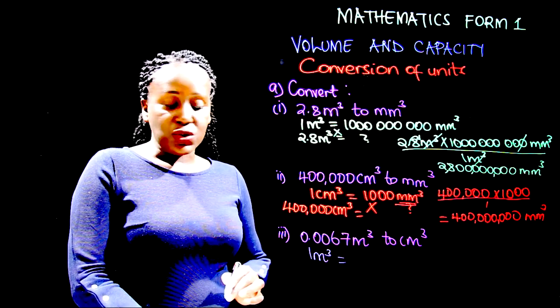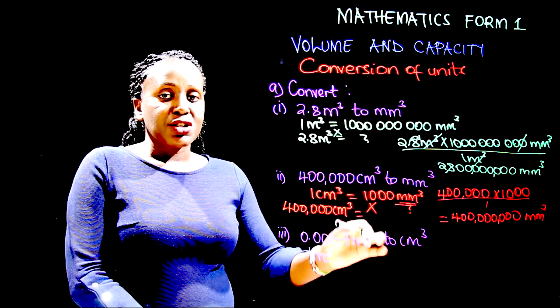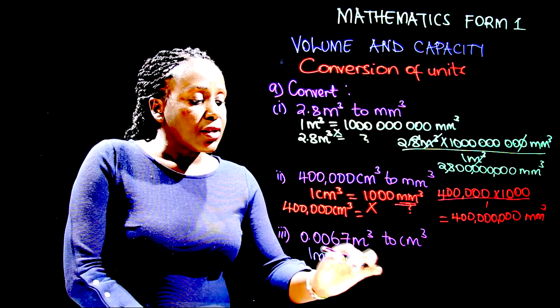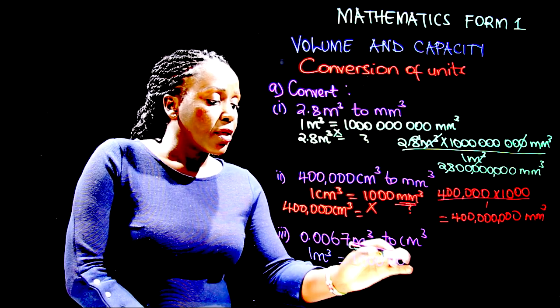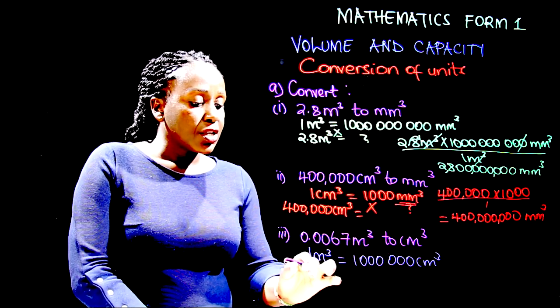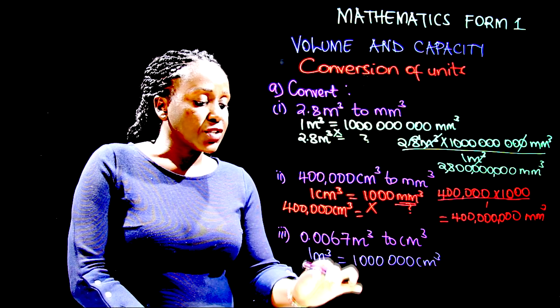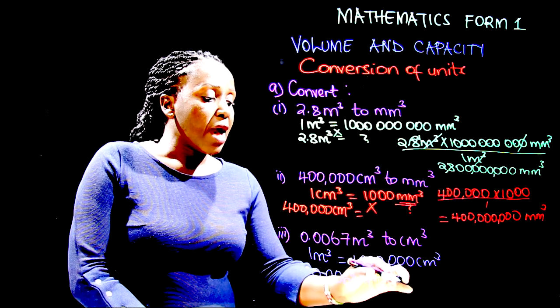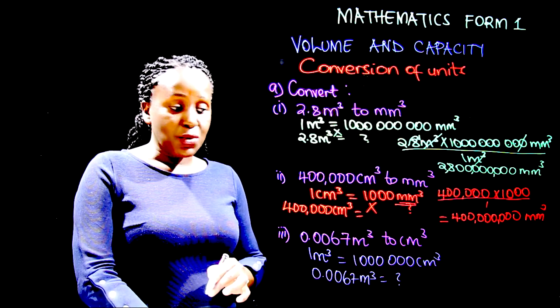And this will be equal to how many centimeters cubed make up 1 meter cubed? It's 1 million centimeters cubed. So what about 0.0067 meters cubed? How many centimeters cubed will that be equal to?